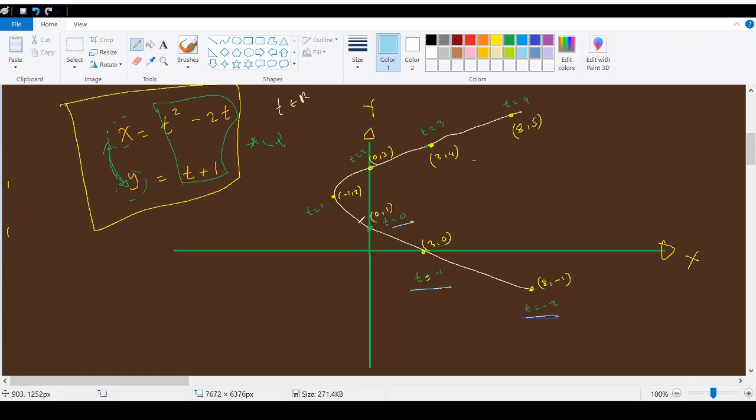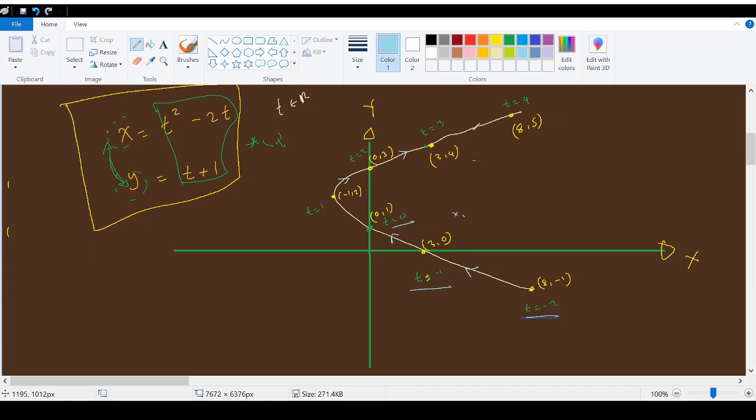So that means when the value of t increases, and I am not referring to an x or y coordinate, I am referring to the value of t, then we can see that the graph takes this direction. There is a certain convention to mark that direction with an arrowhead.